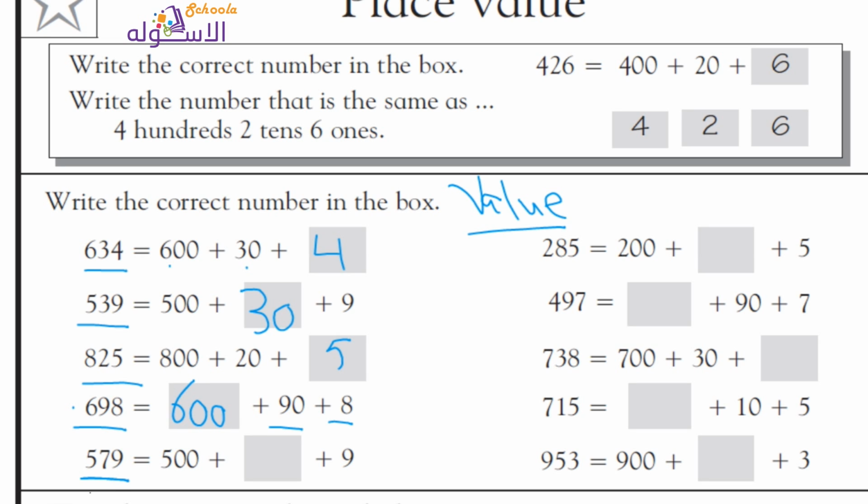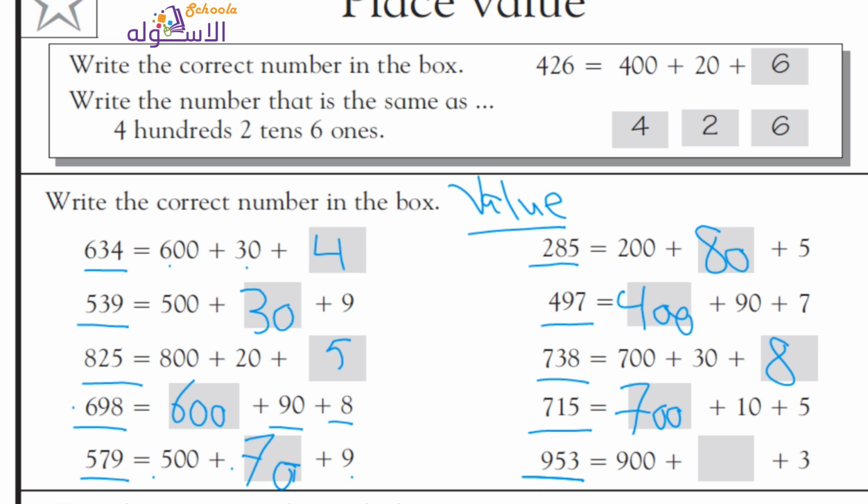The next one, 579. 500 something and 9. What is missing? Sure, it will be 70. It's very easy. And by that you can complete. Here we are missing 80. Here we are missing 400. Here we are missing 8. And here we are missing the 700. And here we are missing the number in the tens, which is 50.